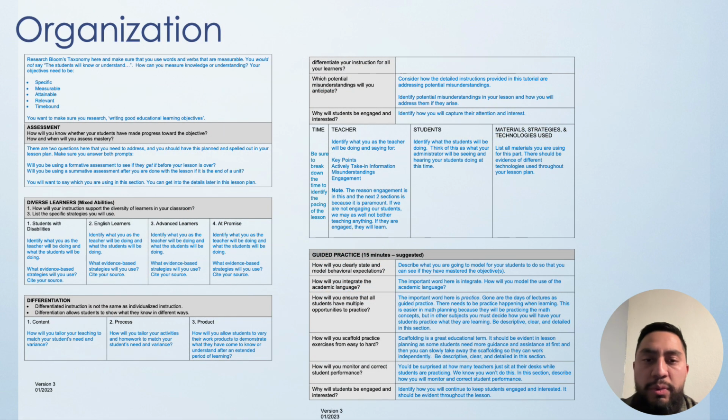Another major difference between this lesson plan template and others I have used in the past is how well organized the categories and subcategories are in this template. For example, we are looking at page 2 of the lesson plan template and page 3, and as we have a quick glance at this category of guided practice, we are also met with subsections within this large category.